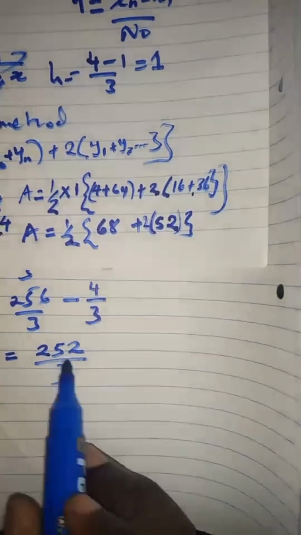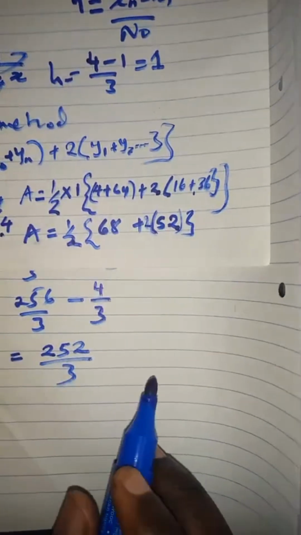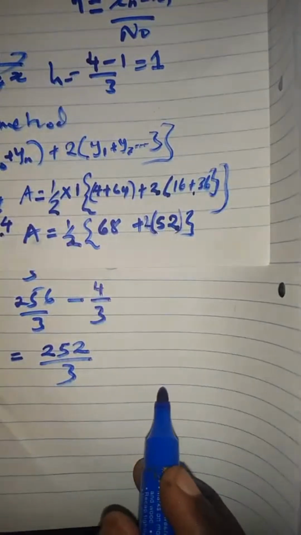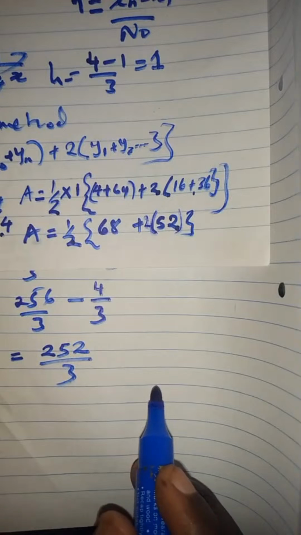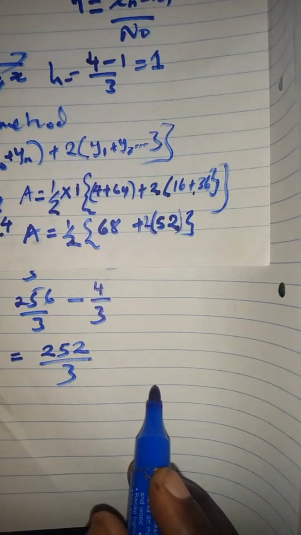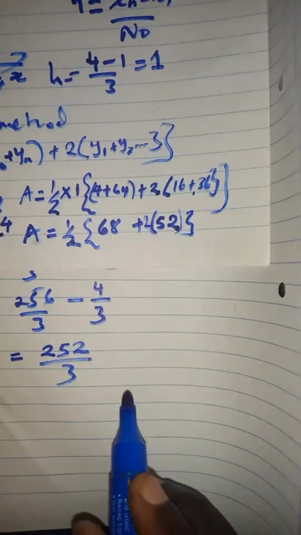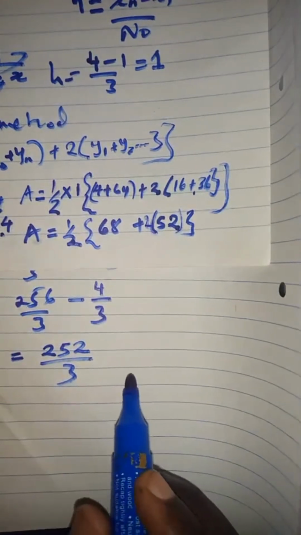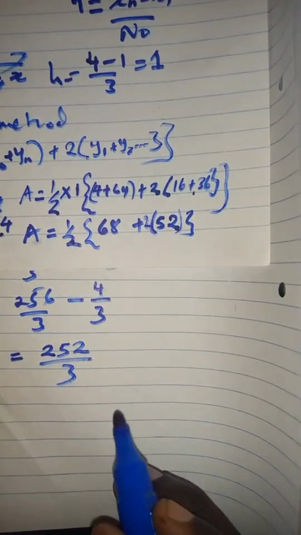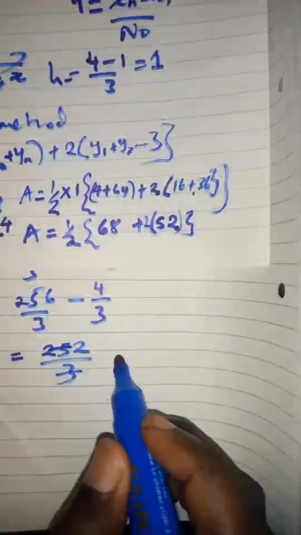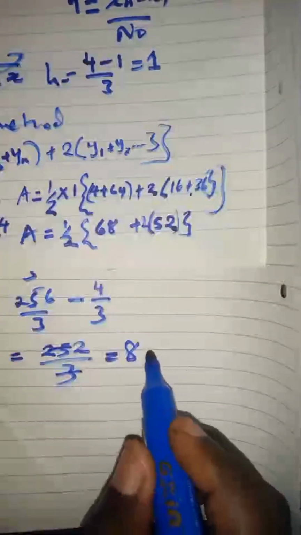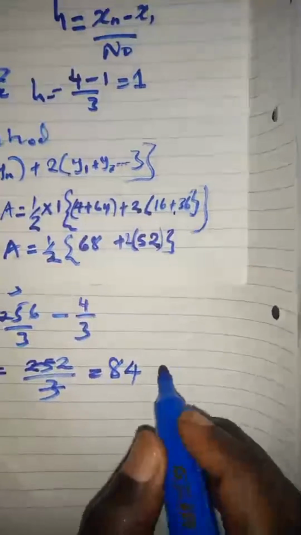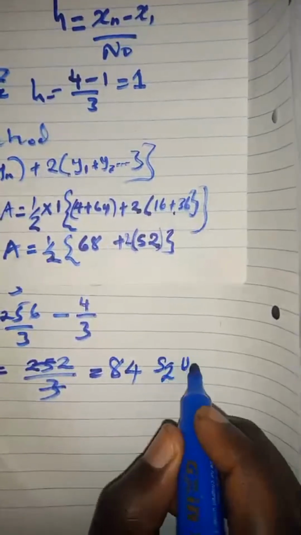If I divide this one, I'm going to have my area as 84 square units.